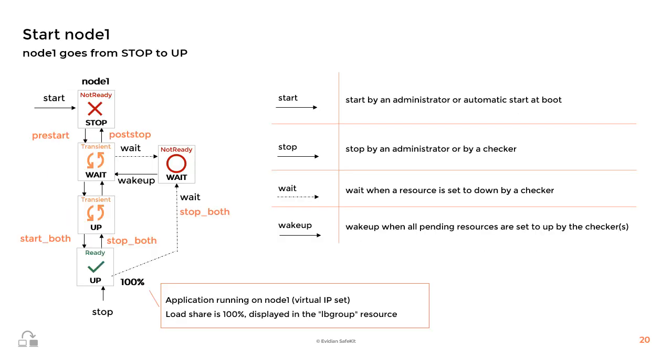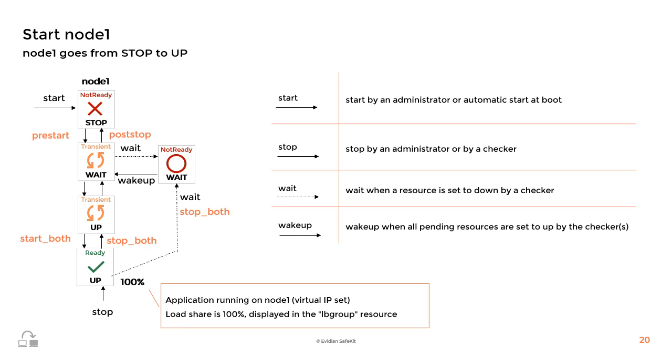Let's consider the start of node 1, which goes from the stop to up state. In the figure on the left, when the start command is executed on node 1, the pre-start script is first executed. Normally, the application integrated in the module should not run on the node, but if it is the case, the pre-start script makes a preventive stop of the application before installing the virtual IP address.